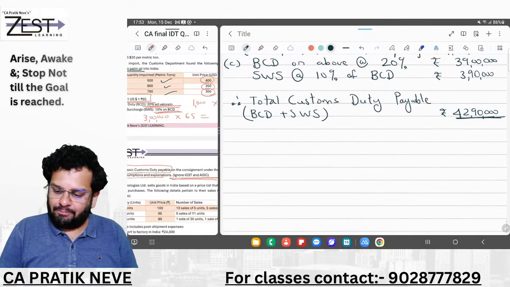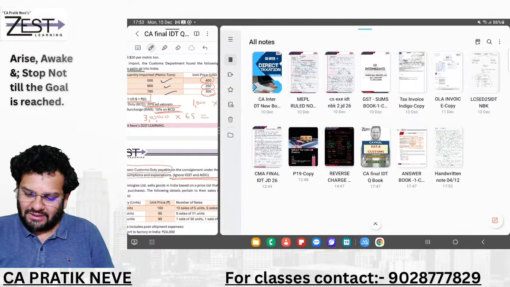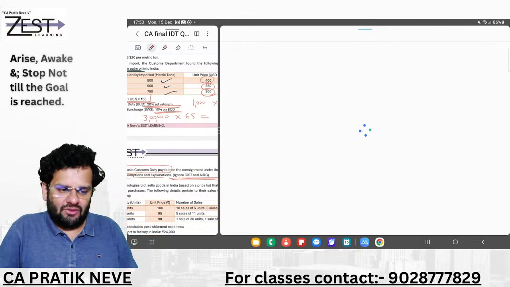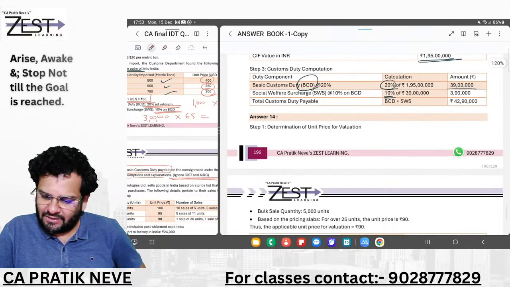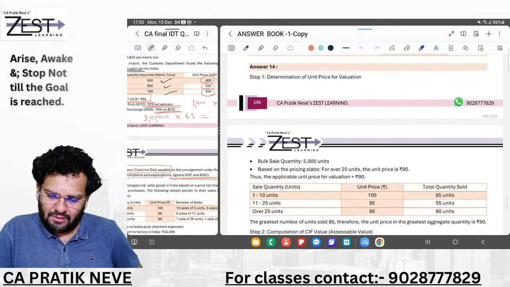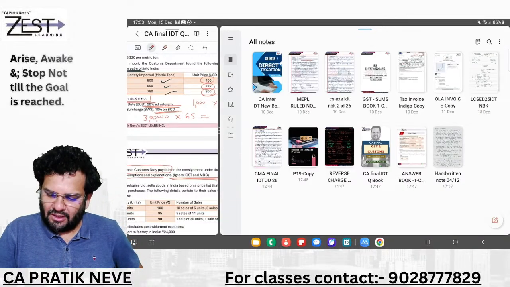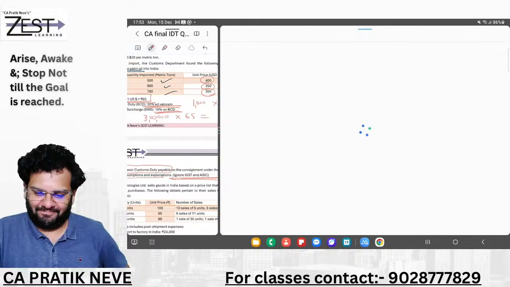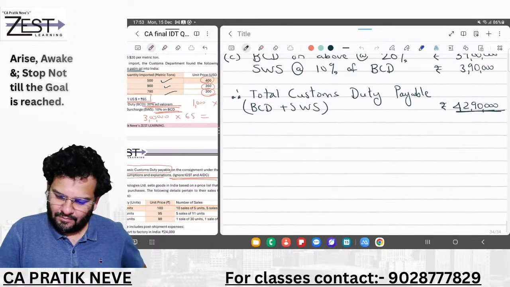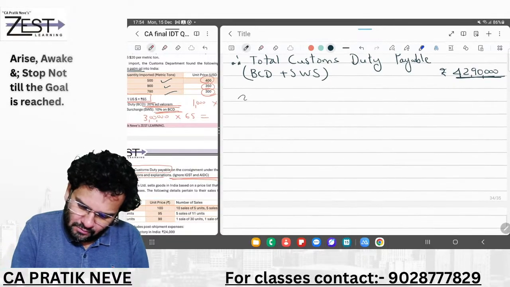Now the whole point is, how did we ascertain that US dollar 300 per metric ton? How did we ascertain that? That is the main point. So write down. As per rule 4, what you have to do?